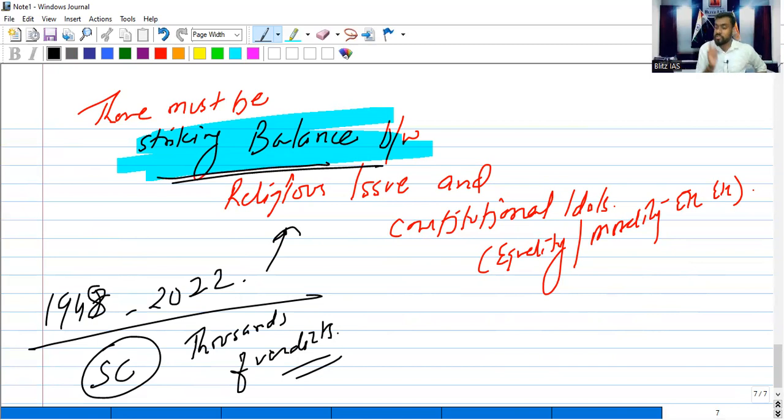Why? Because the Constitution is giving you the right to follow any religion. It's a constitutional issue, it's your fundamental right. You cannot take away a fundamental right.